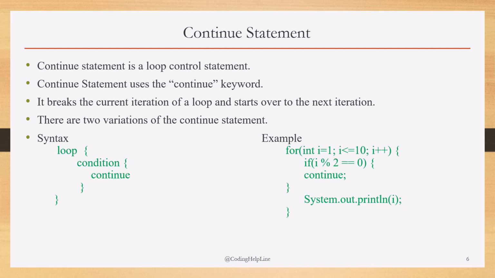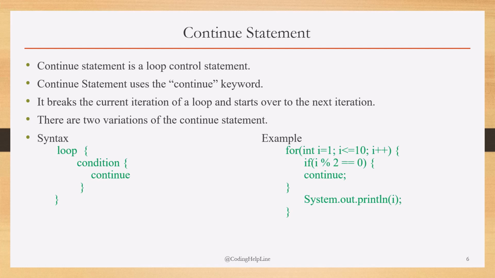So if the condition is true, we place the continue keyword here, and this continue keyword stops the loop iteration, does not execute anything after this block and goes to the next iteration. This is an example, and I will show you the other variation in the next slide.